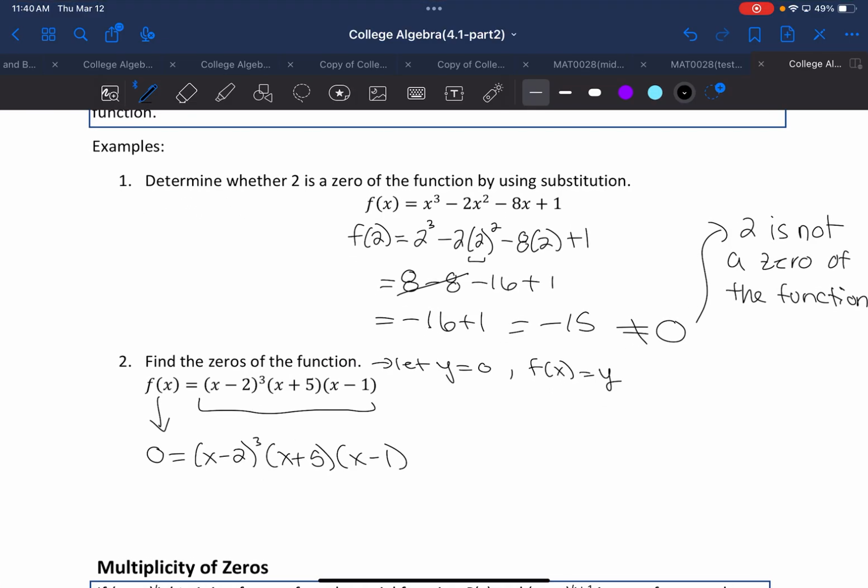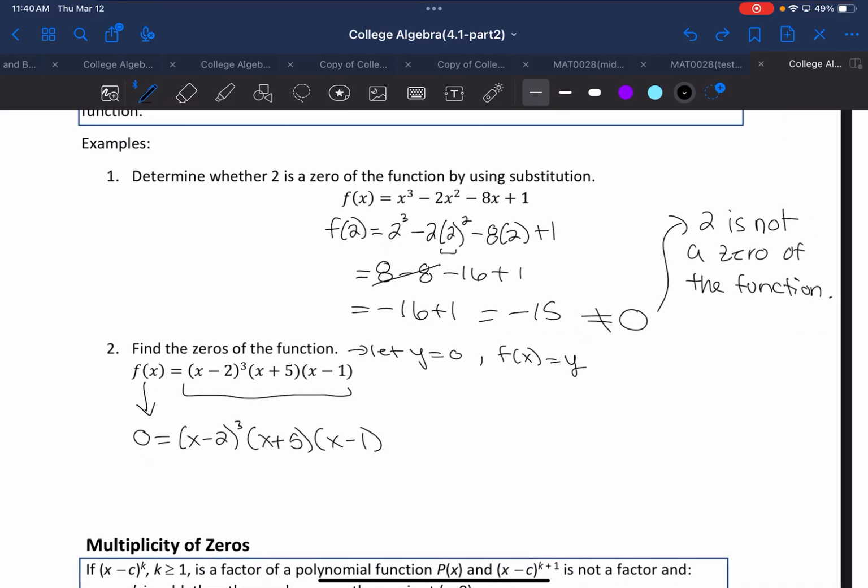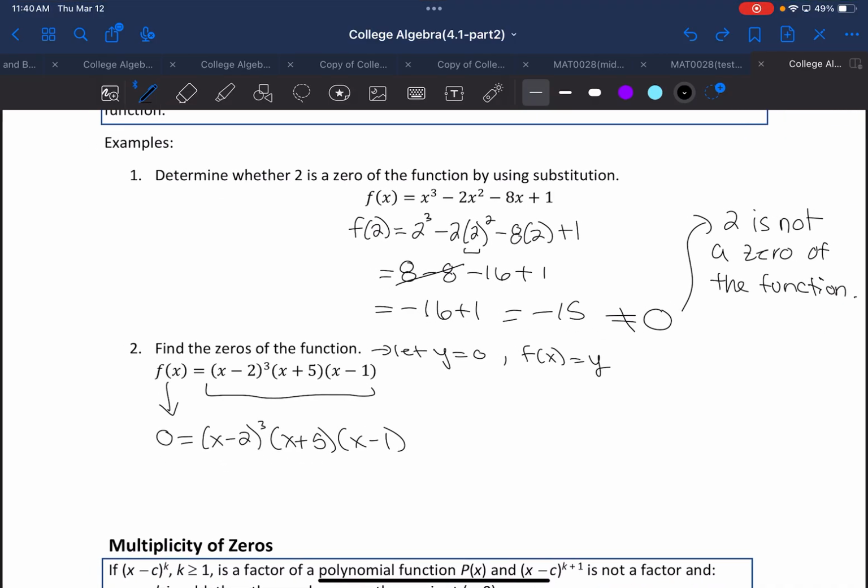Now, this is in what kind of form? What would you call this? Factored. This is factored already because it's a product of things. So to solve this, I can just set each factor equal to 0.